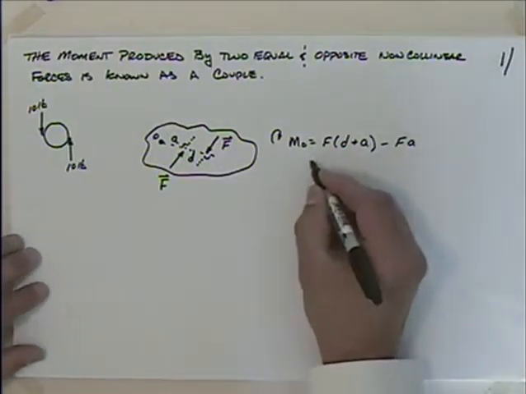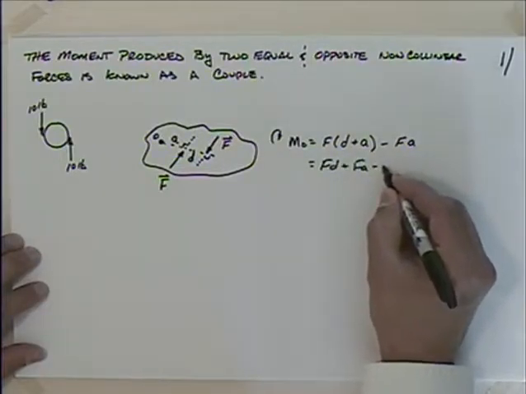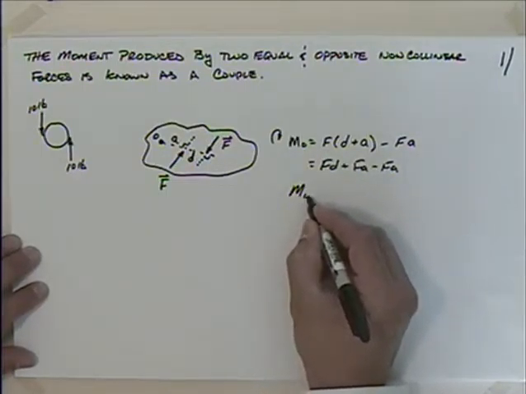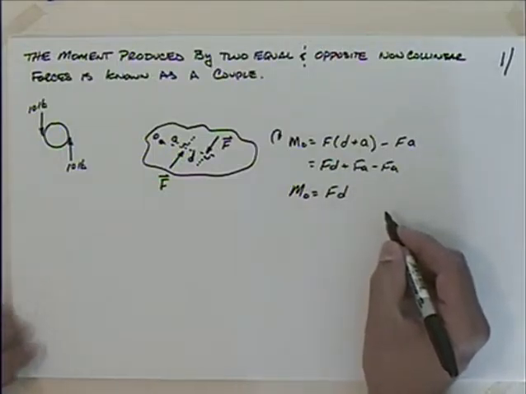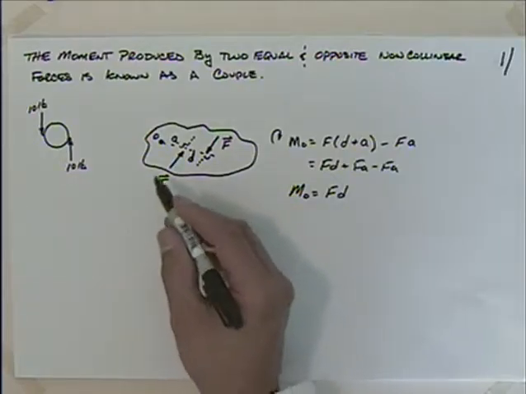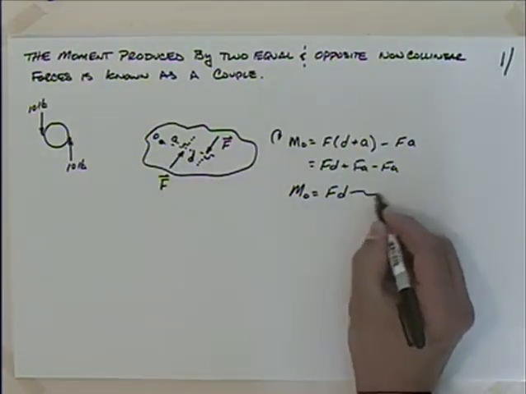So if I do the math here, I've got F times D plus F times A minus F times A. Those last 2 terms cancel, and I have the moment about O is equal to F times D, which is an important point. It really is not reliant upon this distance here. This is the couple.